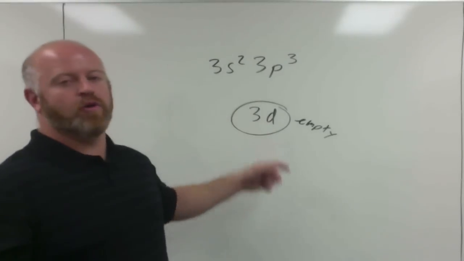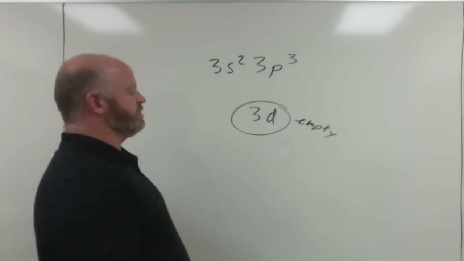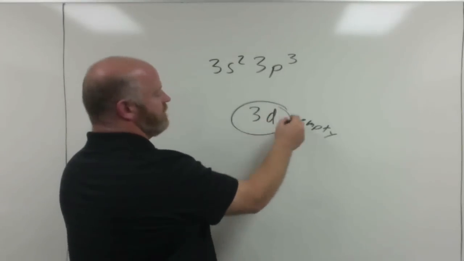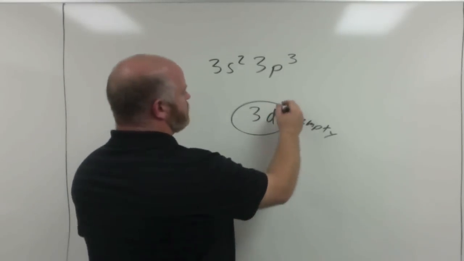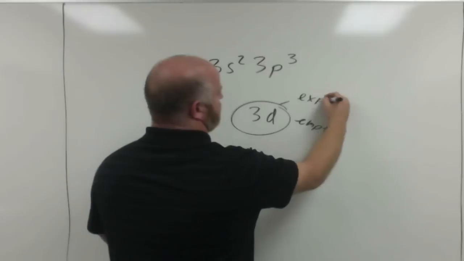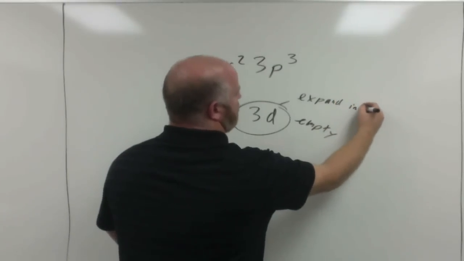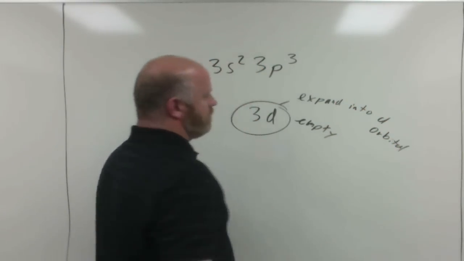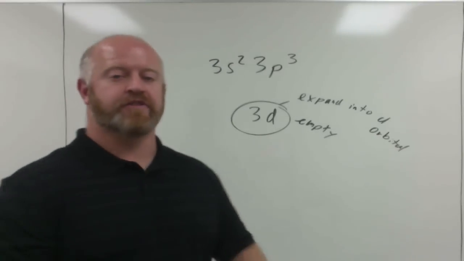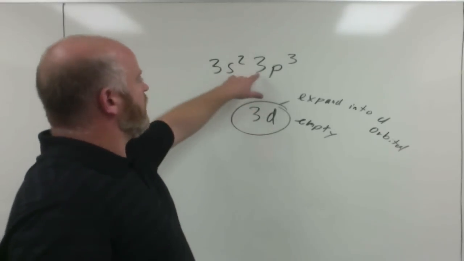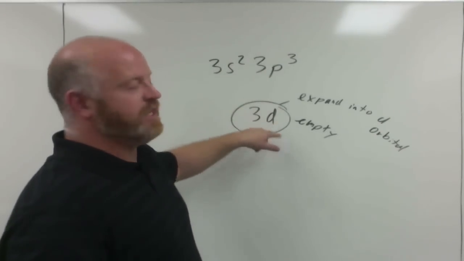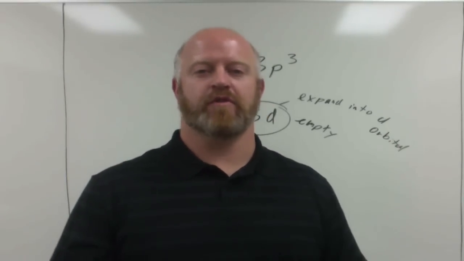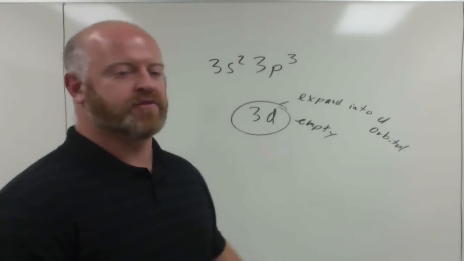This empty orbital allows phosphorus to use some of the space in the 3d orbital to expand its octet. So for phosphorus and for sulfur, they're able to expand into those d orbital regions, which allows them to bond more than just 4 times, into 5 times, and 6 times for sulfur.